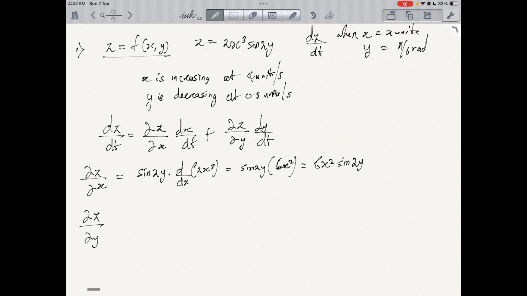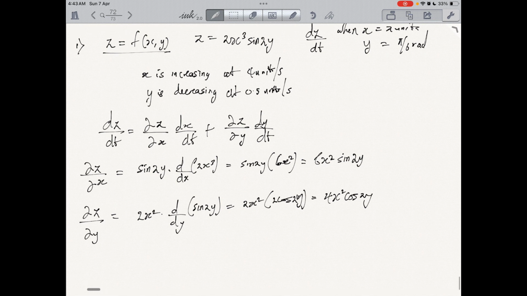And if we are differentiating partially with respect to y, that means x is kept constant. And we have the differential with respect to y of sine 2y. And that's 2x cubed. Differentiating sine 2y will give 2 cos 2y. And that will give us 4x cubed cos 2y.